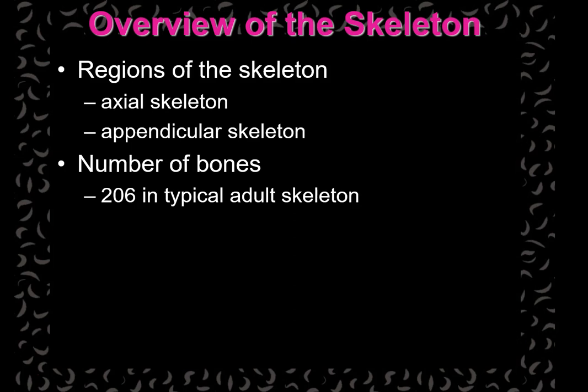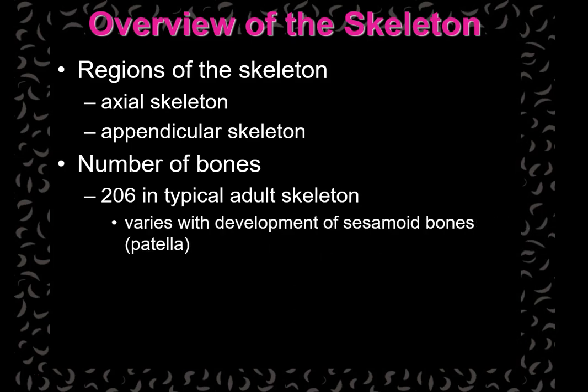And as we get old, when we're younger, do you think we have more bones or less bones? More, because they haven't fused together yet. So it varies with development of sesamoid bones, which can happen in the patella. Oftentimes when you stress a ligament or a tendon bad enough, it'll start to calcify, and that calcification can be considered a bone. So we start with about 270 bones at birth.